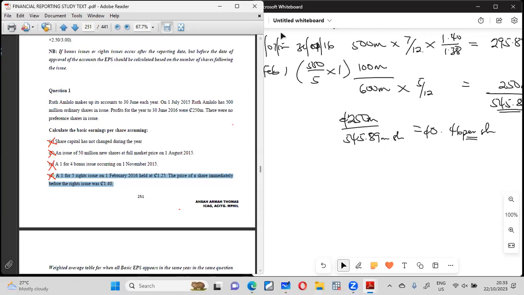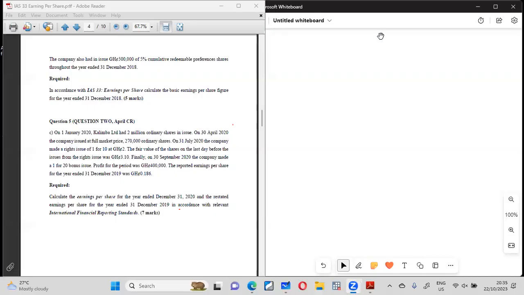So this is where I will have to go back to the past questions. Just hold on. Look at this question. It says on January 2020, Kalimba had 2 million shares in issue. Then on April 2020, the company did a full market issue of 270,000 ordinary shares.